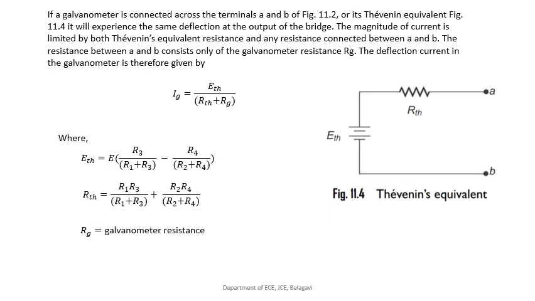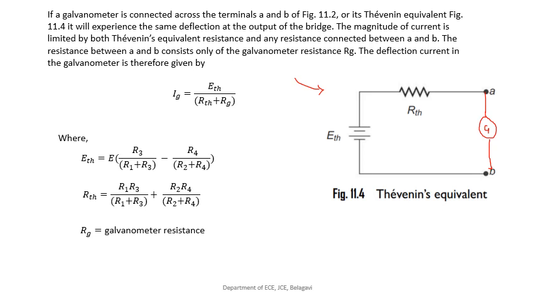Next, we have to connect a galvanometer G here. This is the equivalent circuit, the Thevenin equivalent circuit across points A and B. Now if you want to find the current, you have to connect the galvanometer.